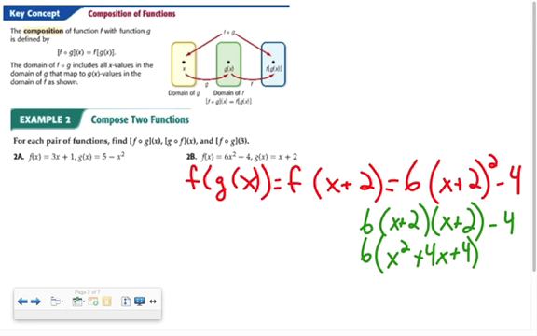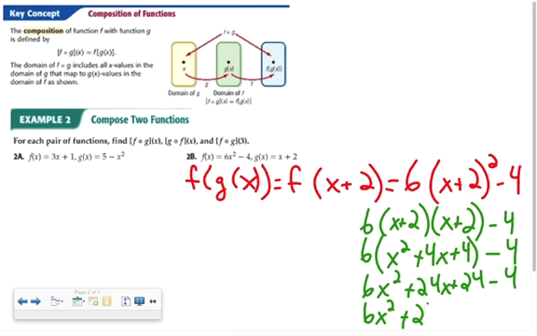If you're confused about where I got the 4x from, that's from combining my inner and my outer. 2x plus 2x gives me that 4x. And then I have the minus 4 that I'm bringing down. I distribute the 6, 6x squared plus 24x plus 24 minus 4. And finally, I can combine like terms to get my answer, which is 6x squared plus 24x plus 20. And that's my f of g of x.